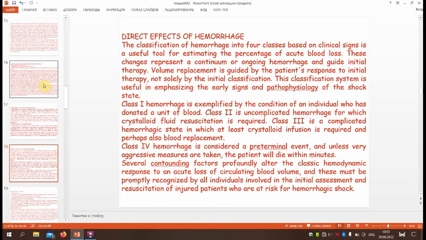Several confounding factors profoundly alter the classic hemodynamic response to an acute loss of circulating blood volume, and this must be promptly recognized by all individuals involved in the initial assessment and resuscitation of injured patients who are at risk for hemorrhagic shock.